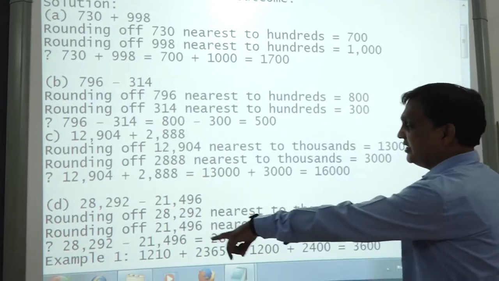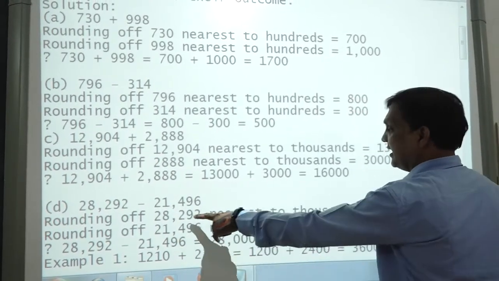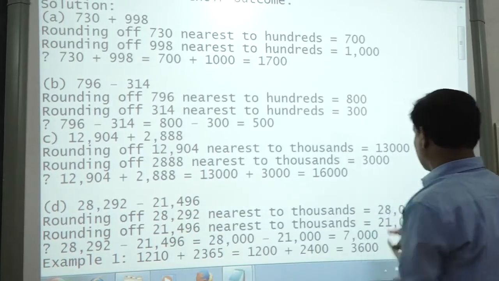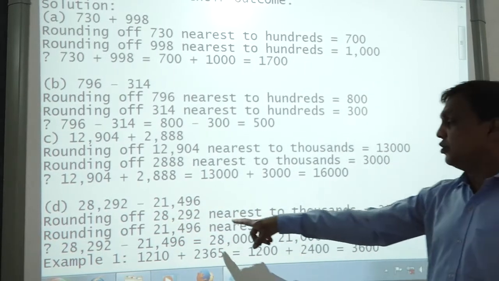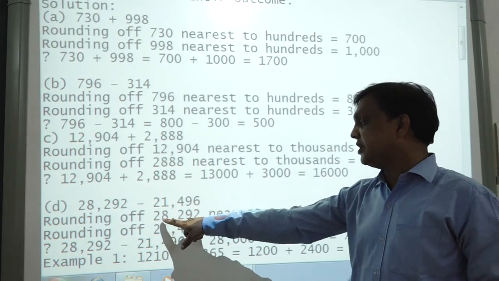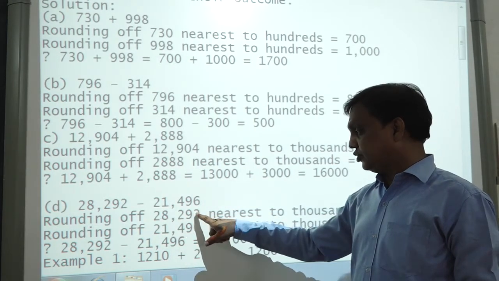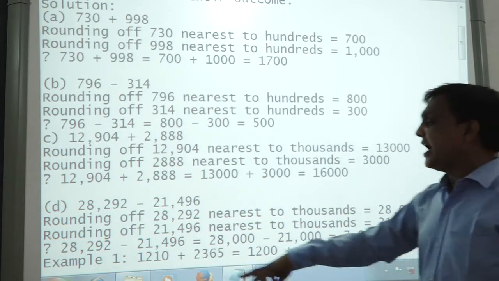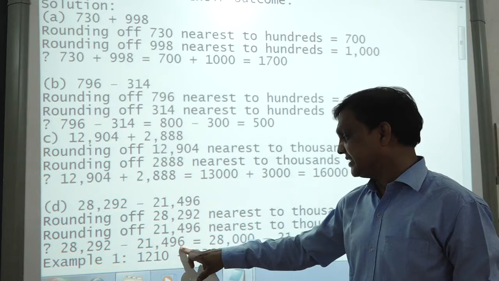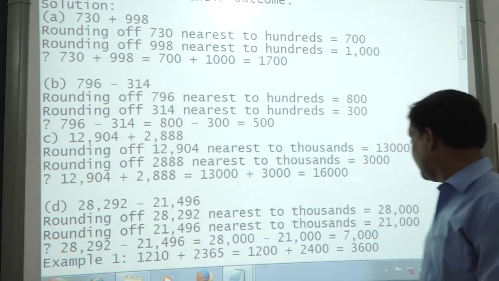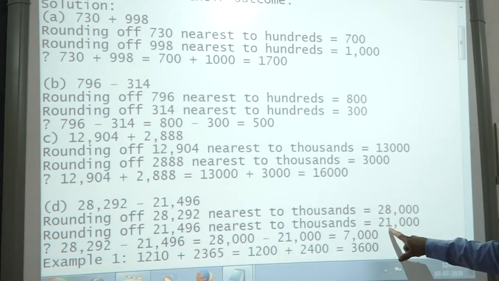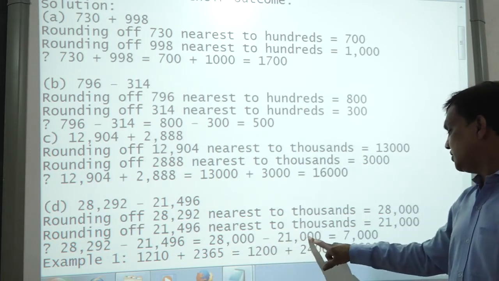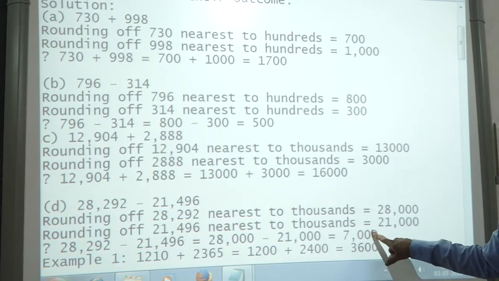Rounding to the nearest thousand, 28,292 becomes 28,000 and 21,496 becomes 21,000. So 28,000 minus 21,000 is 7,000. This is the general rule.